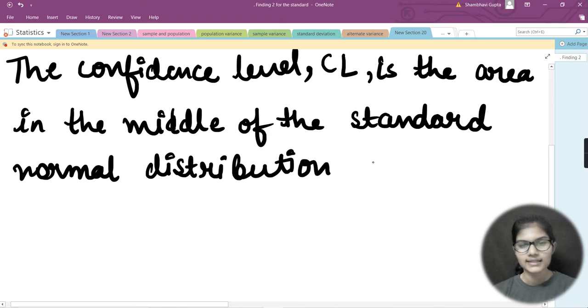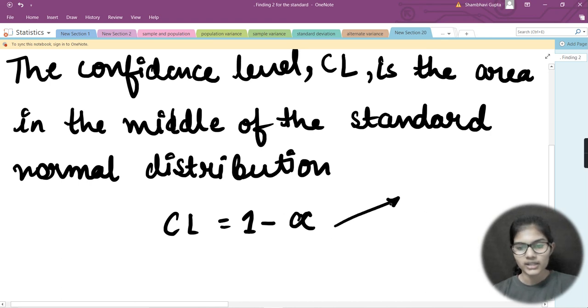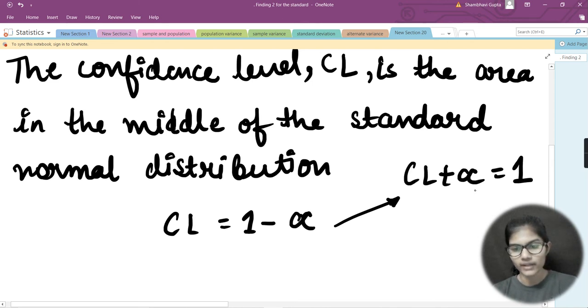CL is equal to 1 minus alpha. Do you remember something from this statement? We had studied a relation previously, and that relation was CL plus alpha is equal to 1, right? So here alpha is only going to the other side.